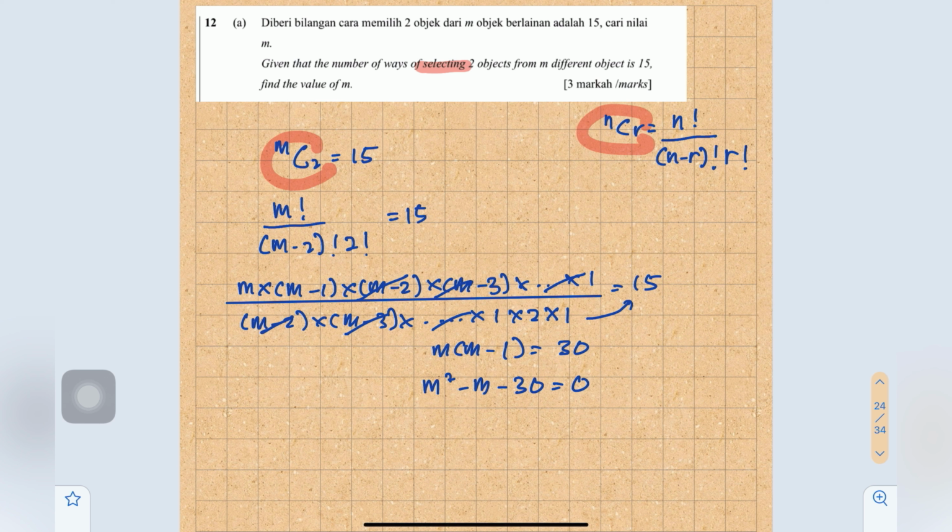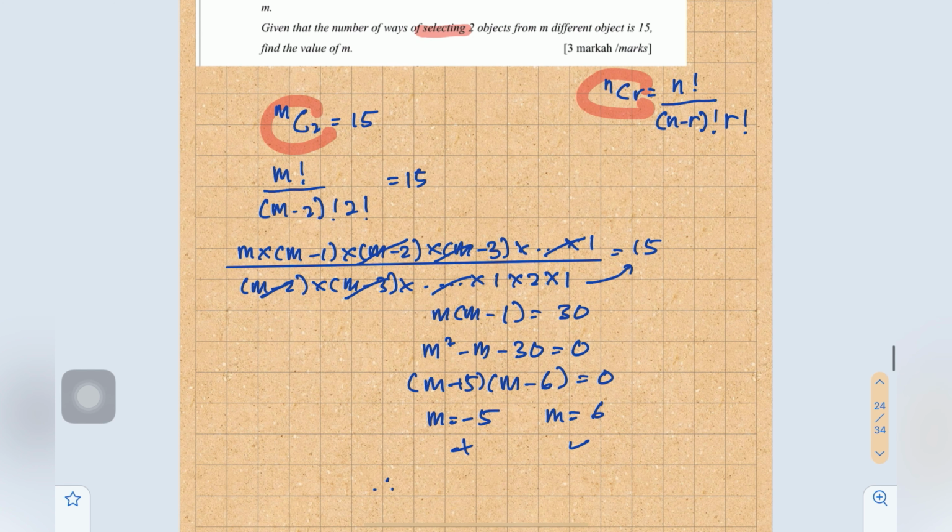So this one nak selesaikan kita factorize lah. So m plus 5, m minus 6. Okay, so m equals to negative 5, m equals to 6. Okay, so m ni objek kan. So kita tak boleh lah ambil yang negatif. So kita ambil yang positif. So therefore m equals to 6.